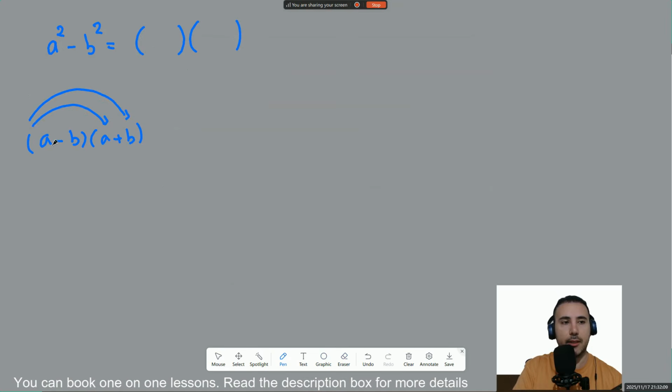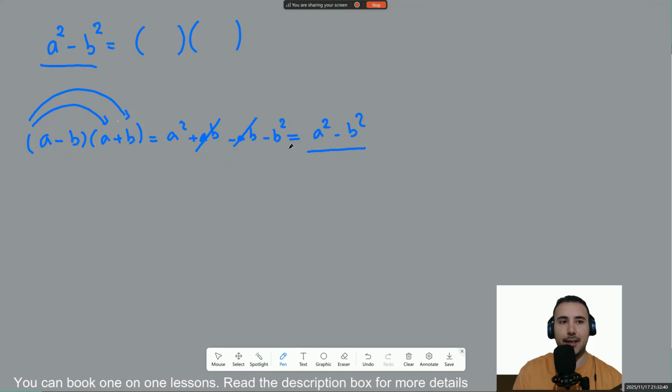A times a is going to be a squared. A times b is going to be plus ab. Now, negative b times a, negative ab, and negative b times positive b, negative times positive is actually negative b squared. And look what happens. ab and ab cancel. So it's equal to a squared minus b squared. And this is right over here.